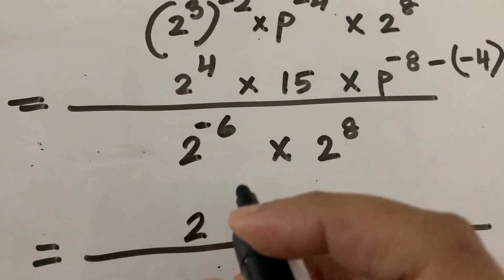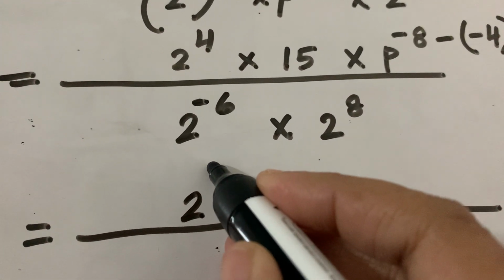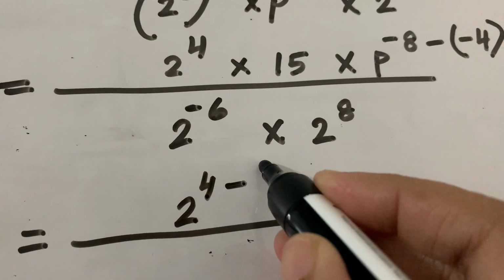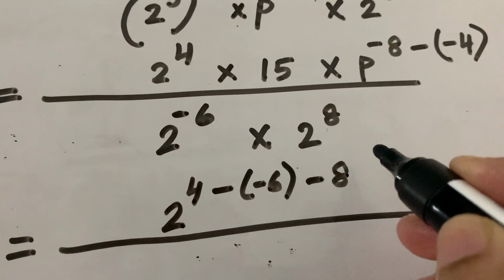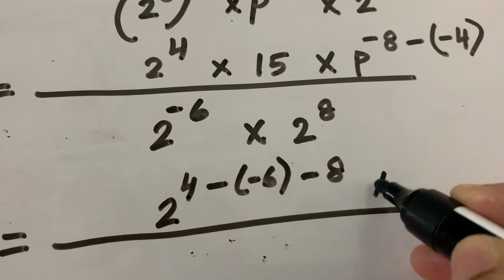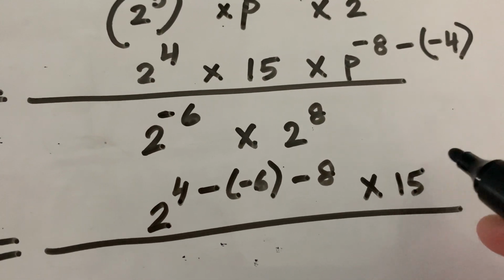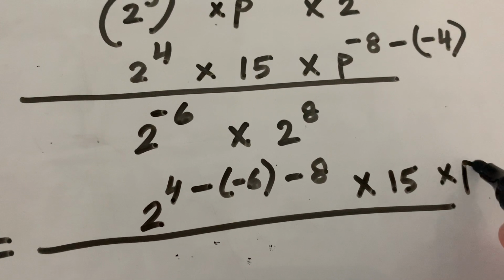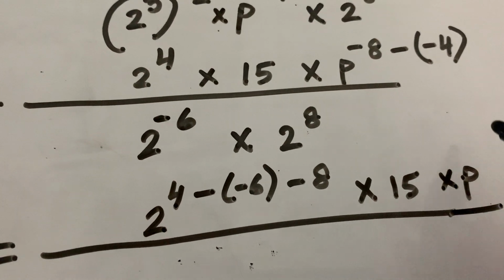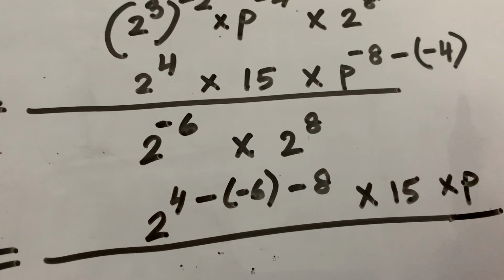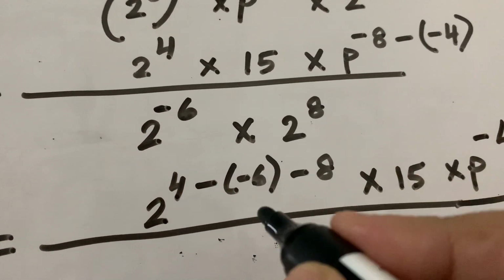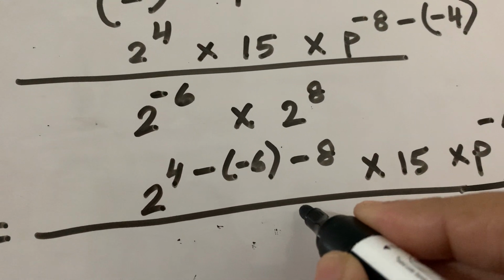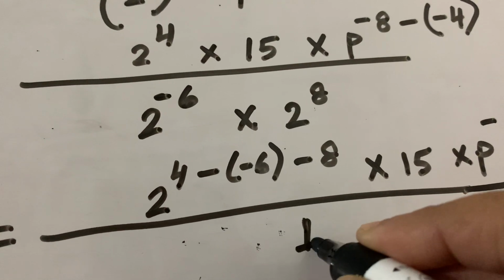So here it will be 2 to the power 4 minus of minus 6 and minus of 8 into 15 into p to the power, if you do the calculation, it's minus 8 plus 4, which is minus of 4, and down is simply 1.